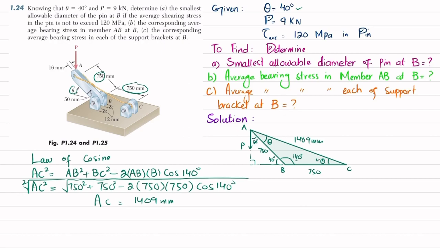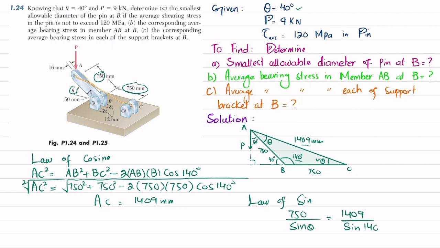Now we'll find this theta by using law of sine. What does law of sine say? If you take this length and the angle opposite to it, the ratio of length to sine of angle, which is 750 divided by sine of theta, will be equal to 1409 divided by sine of 140 degree.